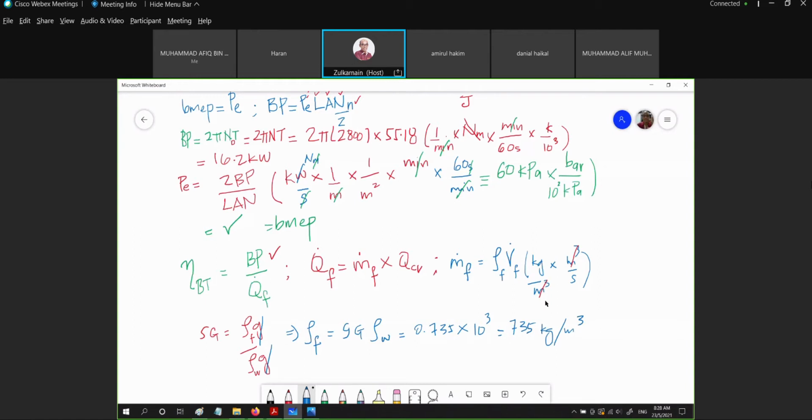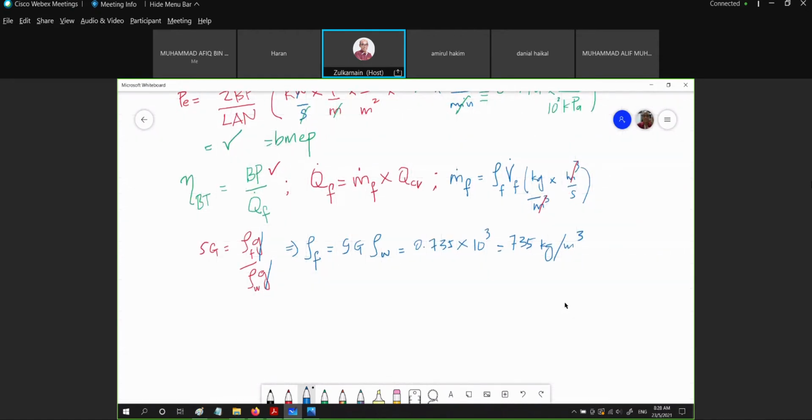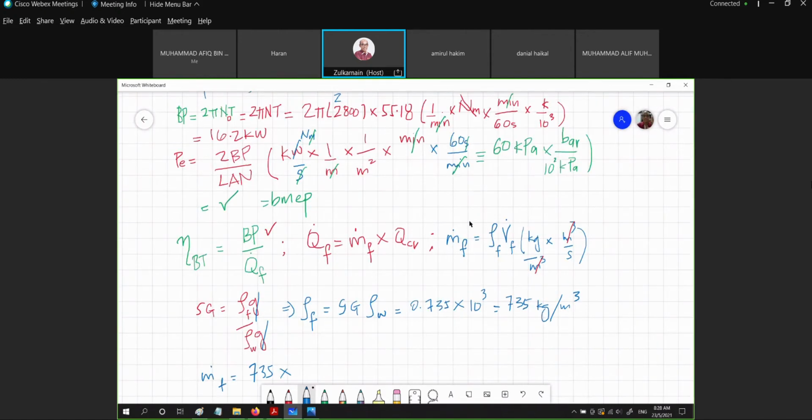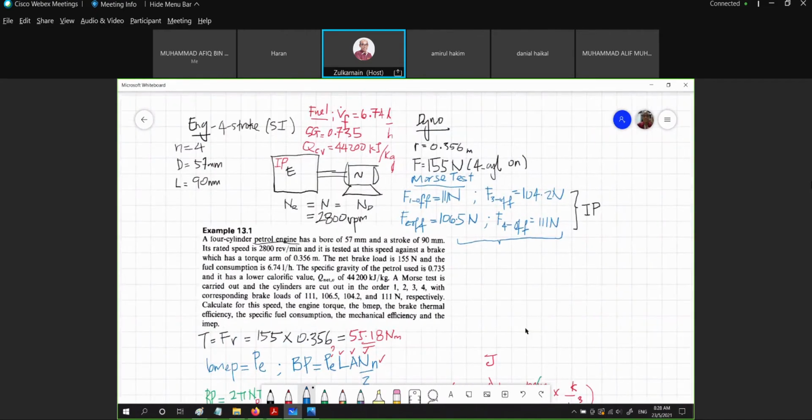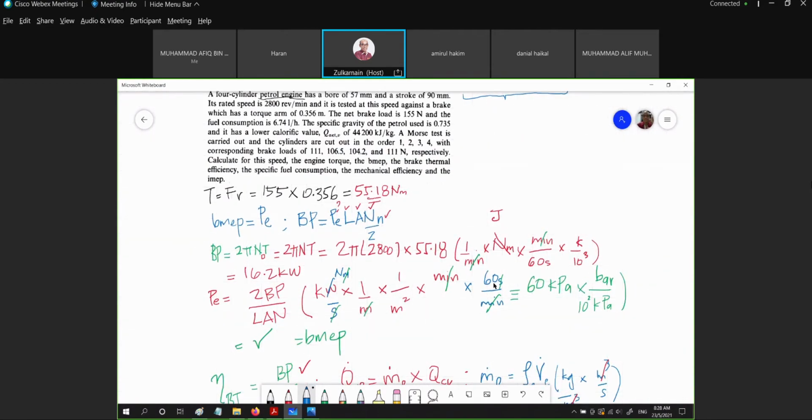So that is our rho for our fuel. And then we get our m dot F. The m dot F is equal to 735 multiplied by our volumetric flow rate. And if we look here, the volumetric flow rate given for the fuel is 6.74 liter per hour.